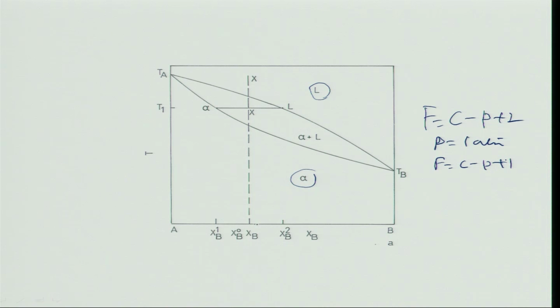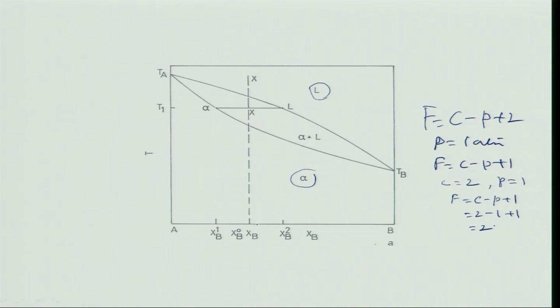Now, I will explain in this class how to apply the phase rule in a single phase region like liquid and alpha. In a single phase region, C, the number of components, is 2, because there are two components A and B, and the number of phases P is 1. So F is equal to C minus P plus 1, that is 2 minus 1 plus 1, equal to 2.